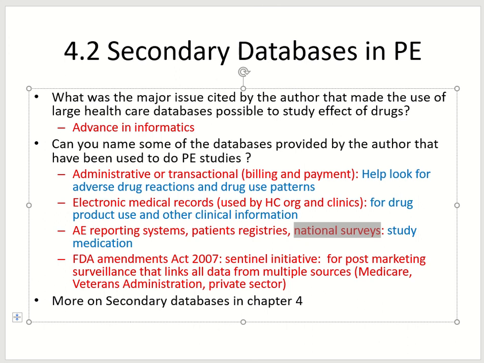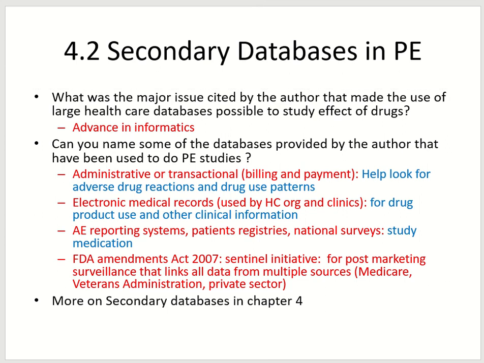And also the FDA Amendment Act of 2007 started the Sentinel Initiative for post-marketing surveillance that links all data from multiple sources, meaning Medicare, Veteran Administration, or private sectors. Okay. Now, the concept of secondary databases will be discussed in chapter 4, but in short, this is when you have a database that is collected for a certain purpose and then you use it to answer a pharmacoepidemiology study.